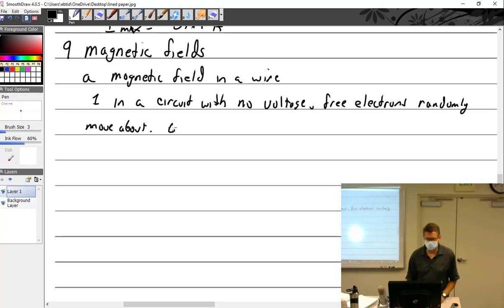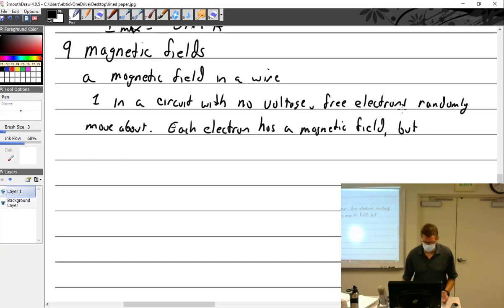Right. Each electron has a magnetic field, but the randomness cancels each other out.